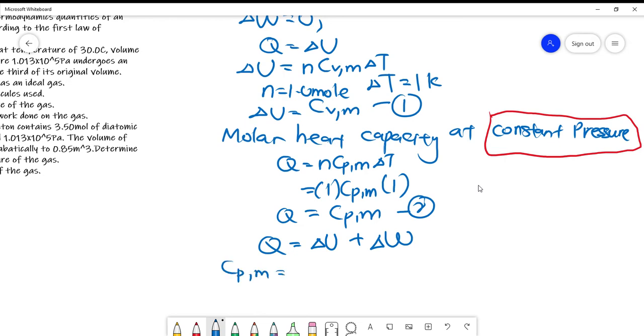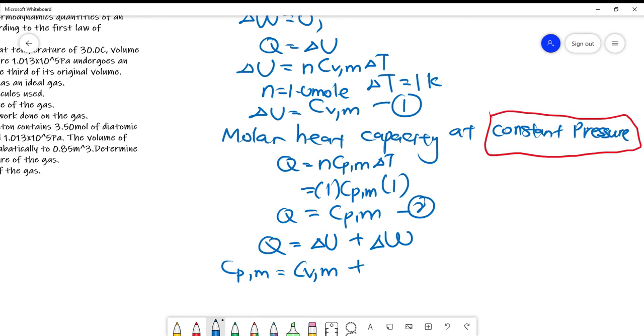As I said in the previous video, since in both cases we use 1 mole of gas and the temperature is raised by 1 Kelvin, at constant pressure and constant volume, both cases are the same. So I can conclude that my internal energy for the ideal gas is basically equal to CVM. This is the reason why we can substitute the internal energy of the ideal gas at constant pressure, which is equal to our CVM.